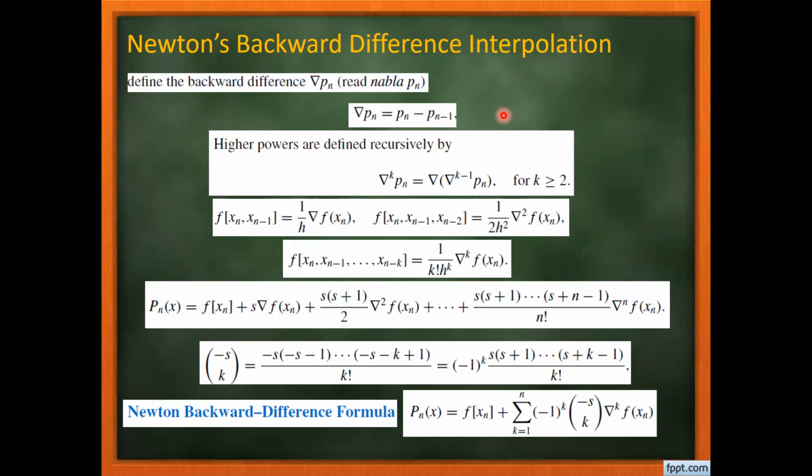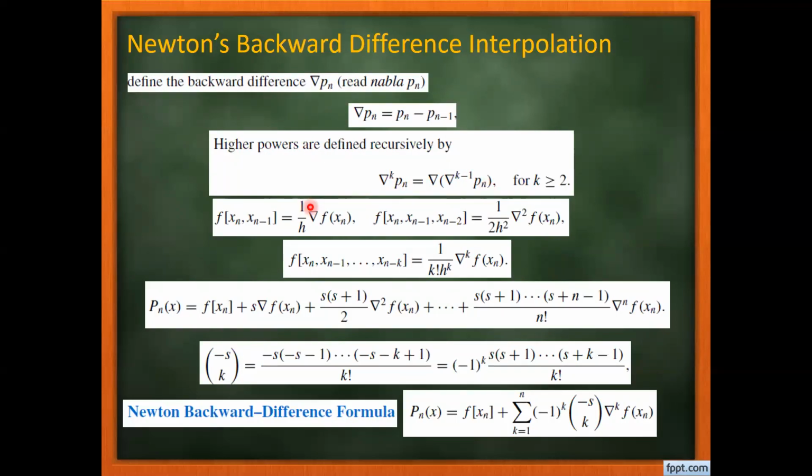I'm hopeful you got my point. Now, when we take higher powers, nabla k times Pn, it is like taking the backward difference of this backward difference. So we can simply write it as nabla of nabla k minus 1 times Pn. So we are going to take the backward difference again and again, and so on.